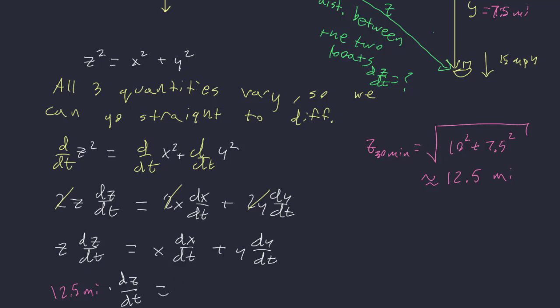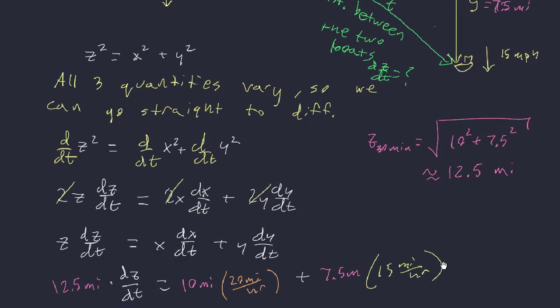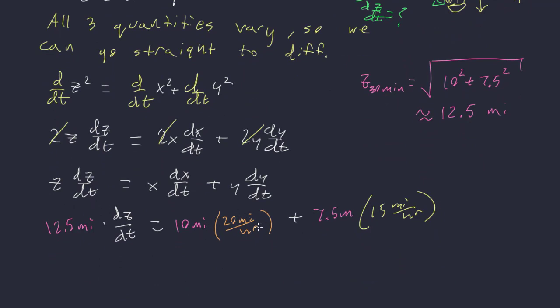Well, x was 10 miles, times its rate of change, which was 20 miles per hour, plus y, which is 7.5 miles, times its rate, which was 15 miles per hour. Notice these come out to be square miles per hour, but when we divide through by the miles, it will get back down to miles per hour.